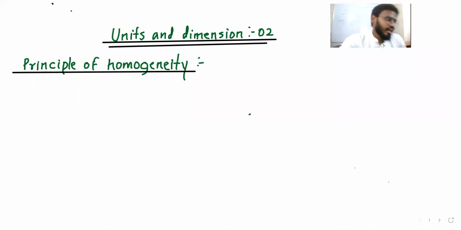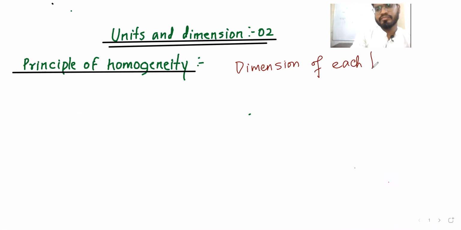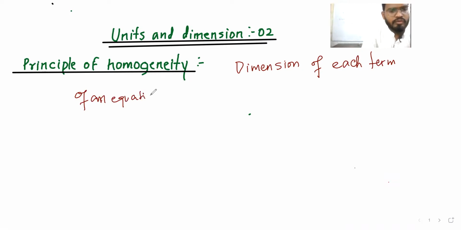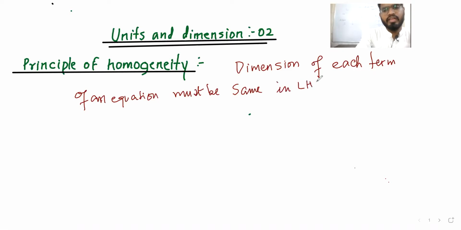So, the principle of homogeneity: the dimension of each term of an equation must be the same in LHS and RHS. Okay, fine.